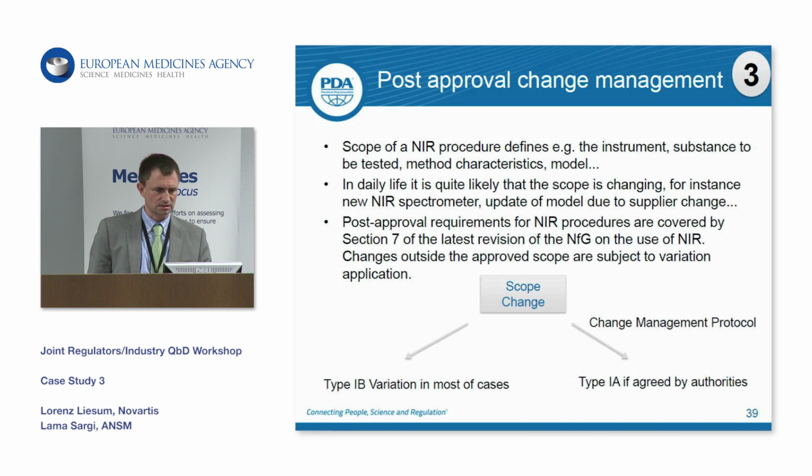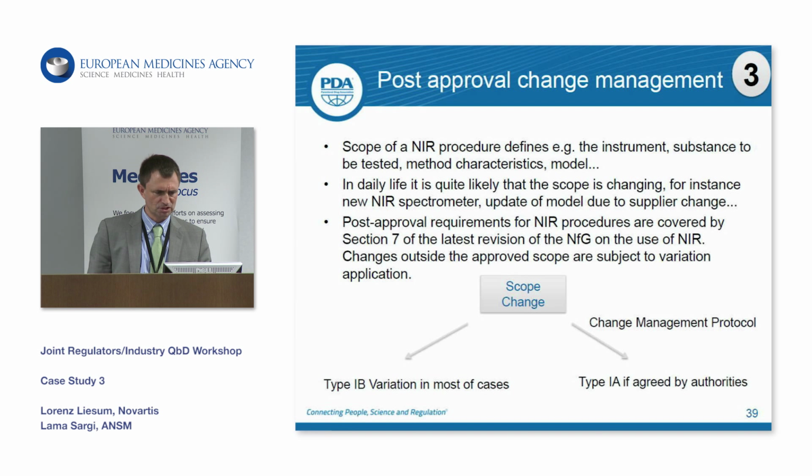But of course, in daily life, it might occur that the scope is changing. There might be the need to have a new NIR spectrometer, or the model has to be updated due to a supplier change, for example. For those post-approval requirements for NIR procedures, you can get some help in the note for guidance on NIR.